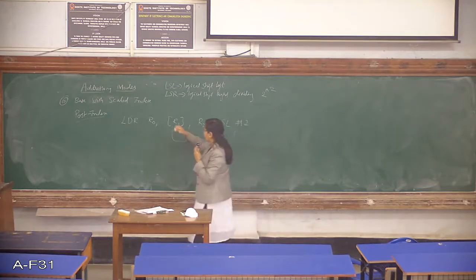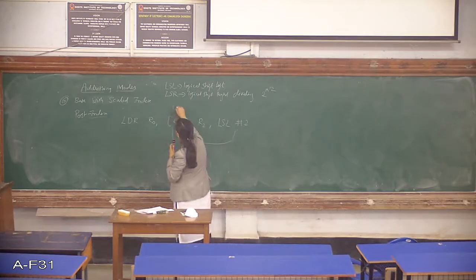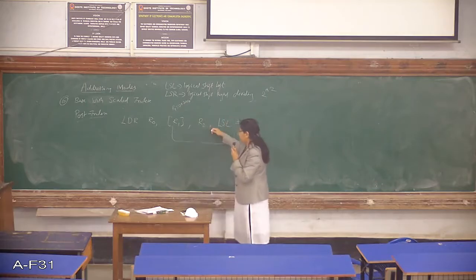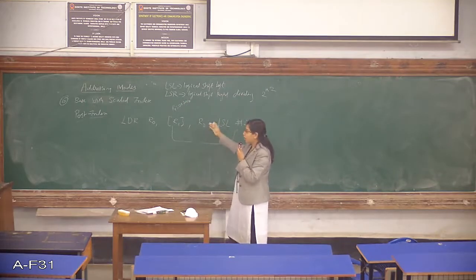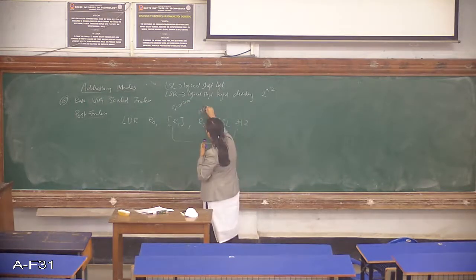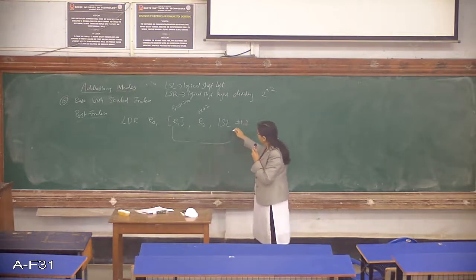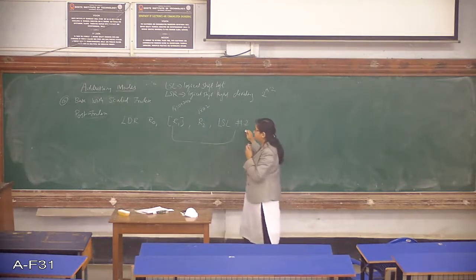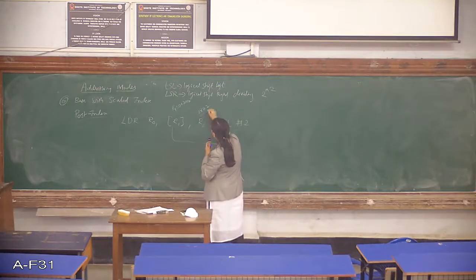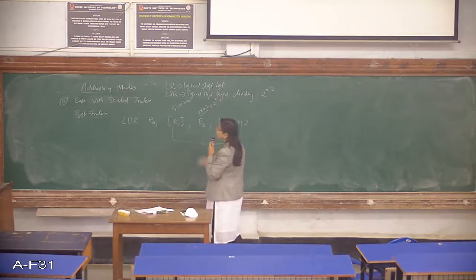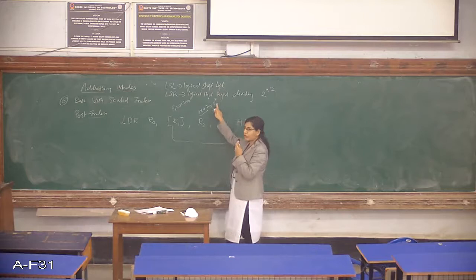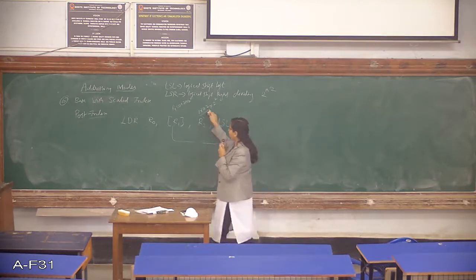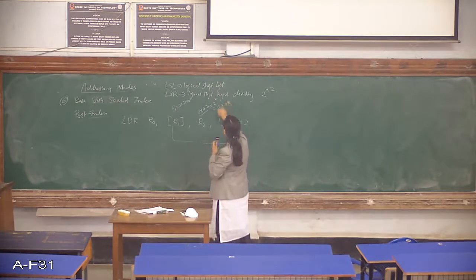Suppose like in the previous example we have taken R1 as 0x2000. R2 has some value, maybe 2, or suppose 0x02, and then you're left shifting it by 2 positions. It is as good as multiplying this value by 2 raised to 2. 2 raised to 2 is 4, and 4 times this value becomes 0x08.